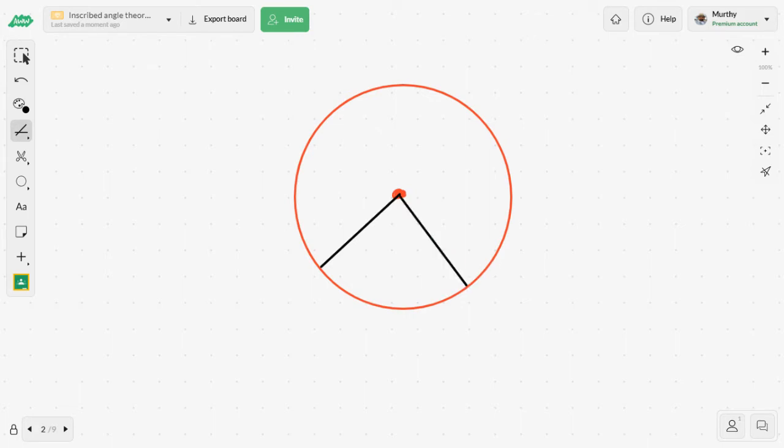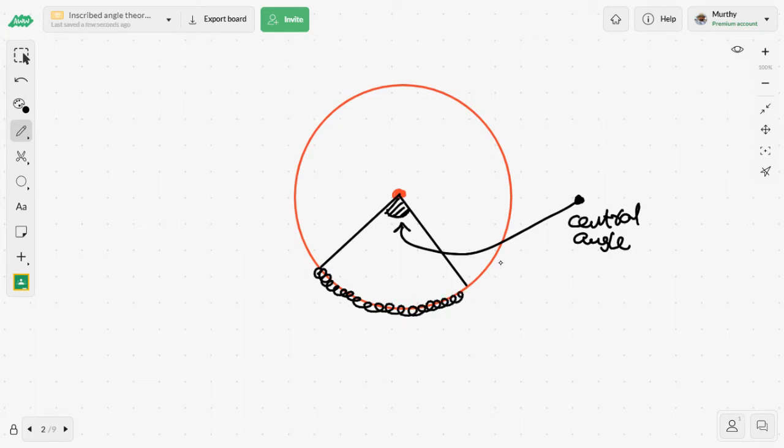The angle formed by two radii at the center of the circle is called a central angle. Let me label this central angle. And next, the arc made here is called the intercepted arc.